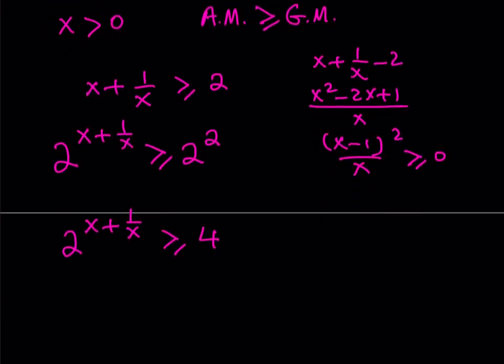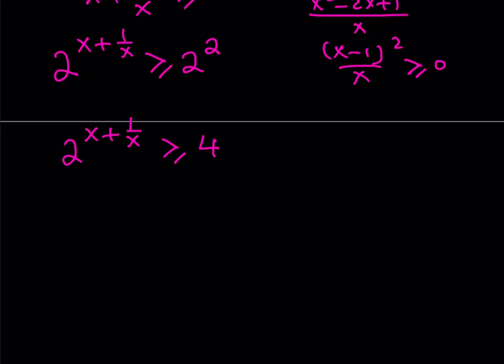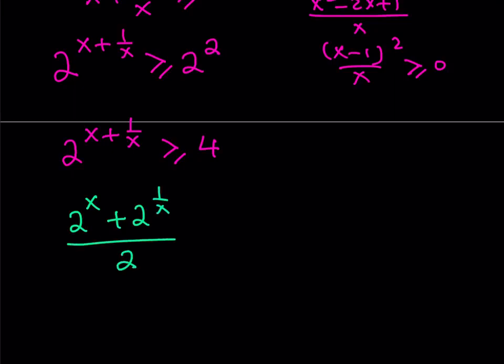So let's go ahead and use AM-GM now with two terms, which is 2 to the power x and 2 to the power 1 over x. So here's how AM-GM goes. You add the numbers, divide by 2, and then you multiply the numbers and square root. That's the geometric mean. And AM-GM says that the arithmetic mean is always greater than or equal to the geometric mean.